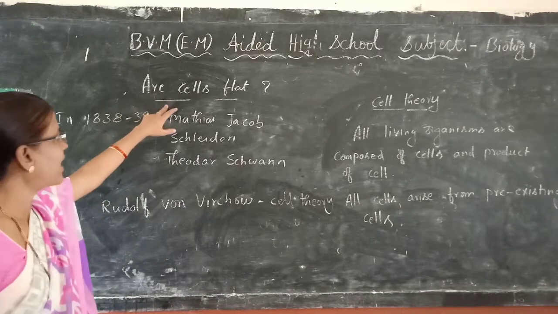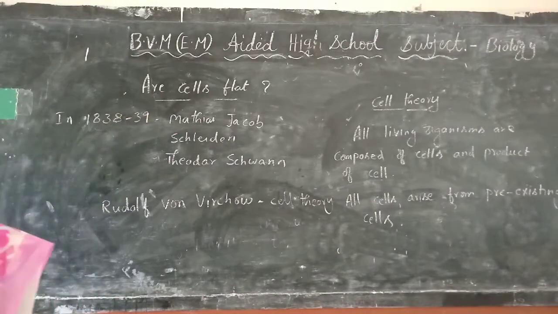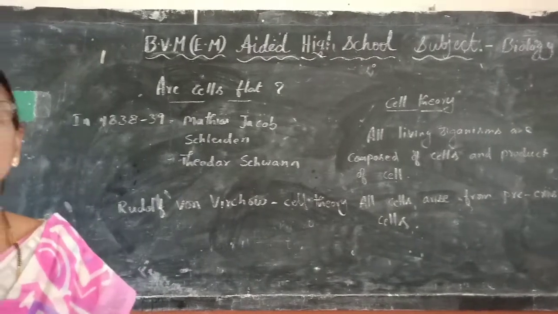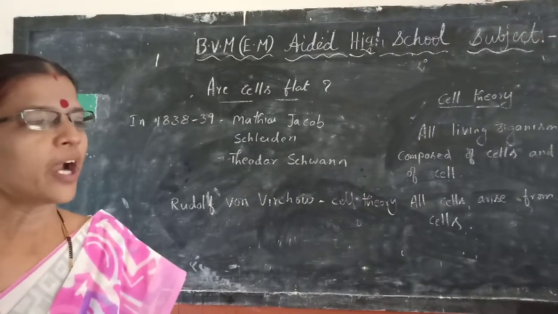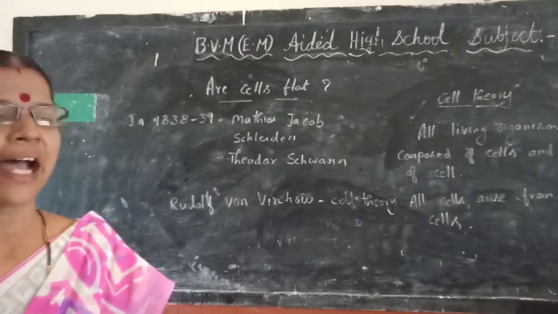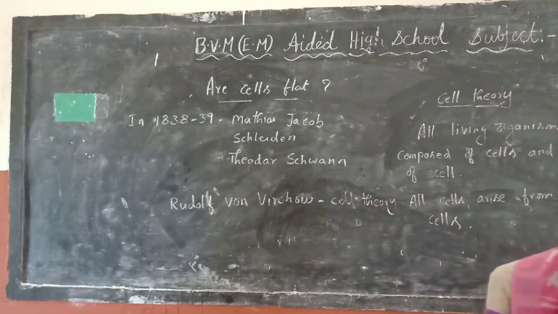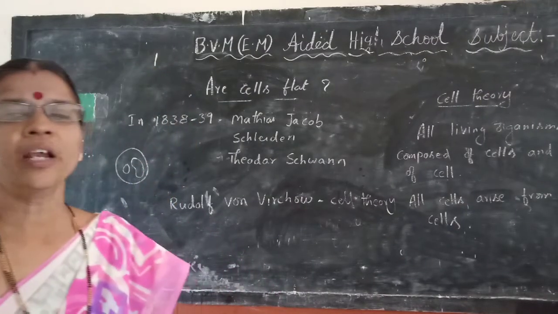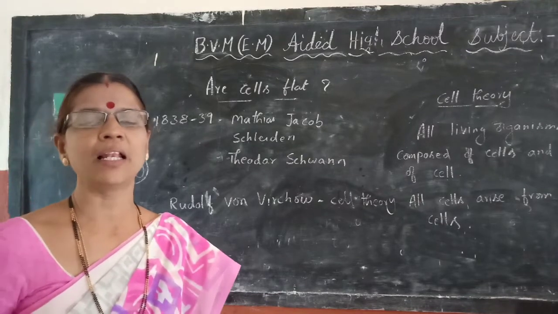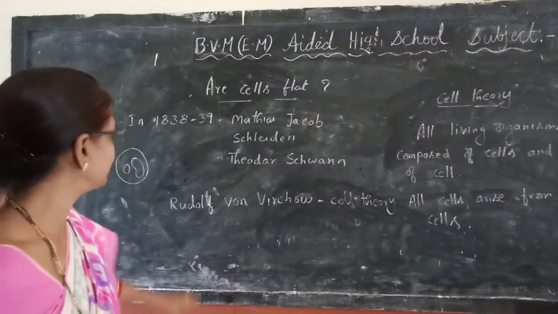Here is the question. When we are drawing a diagram of the cell, we draw two-dimensional diagrams like this.